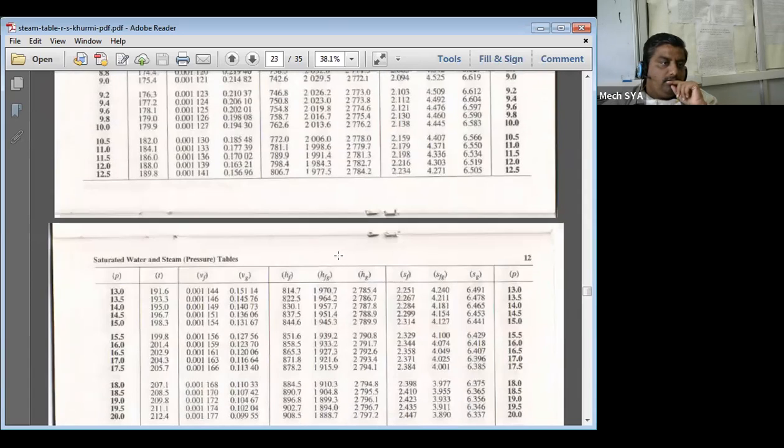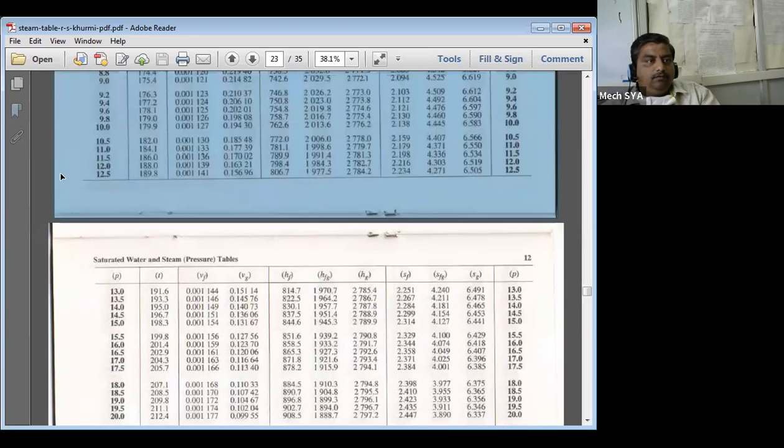There we need the values of HF, HFG and HG at 12 bar pressure. HF is 798.4, HFG is 1984.3, and HG is the addition of these, 2782.7.